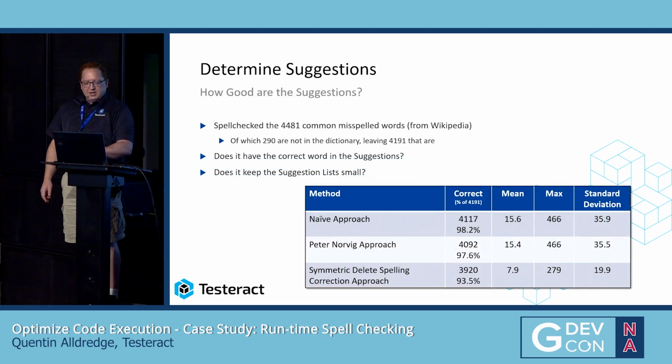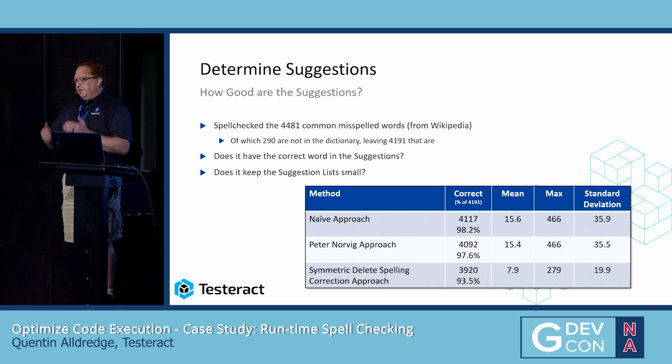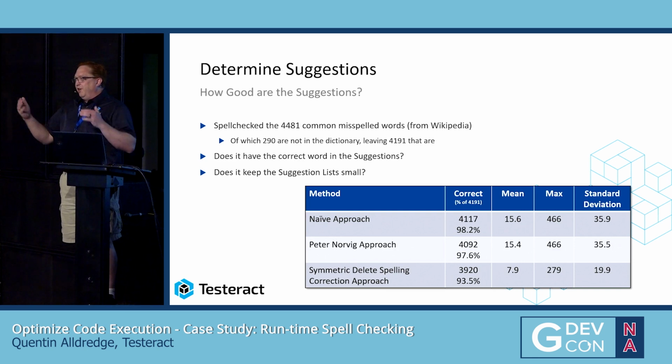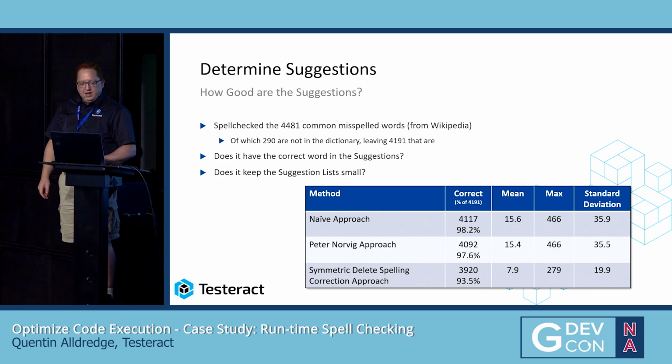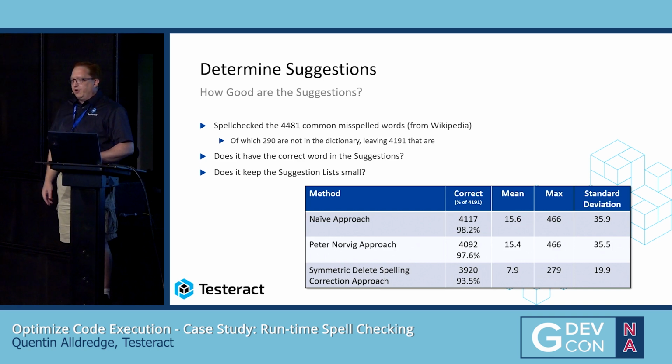So how good are the suggestions? Well, here's some idea. I went back and compared, given the suggestion list, is the word actually in the suggestion list? And this is about how good it did. So yeah, the symmetric deletion didn't do as well as the other ones, but given the trade-off.